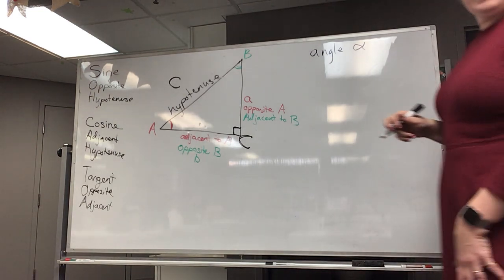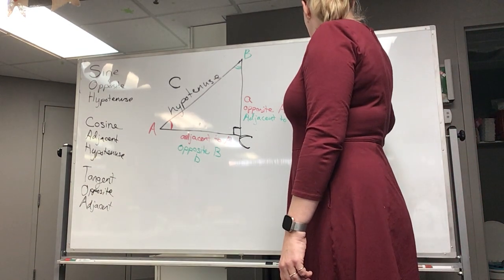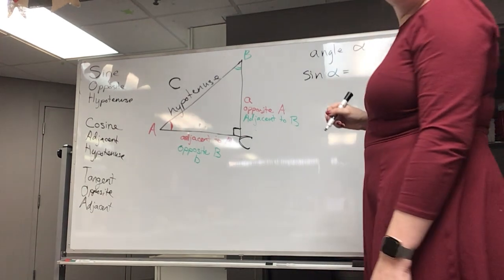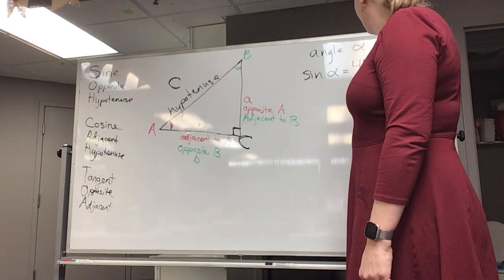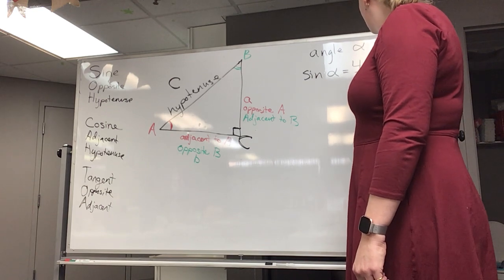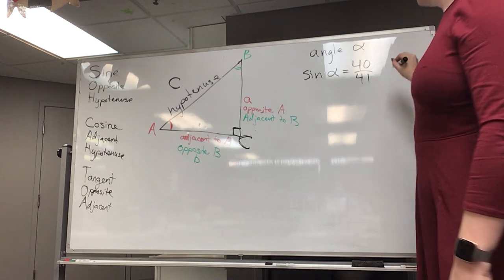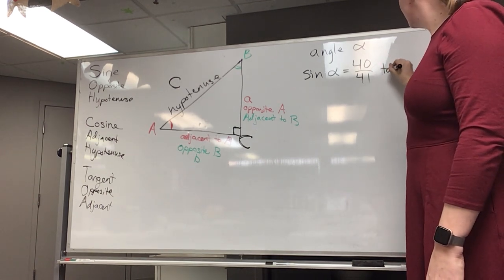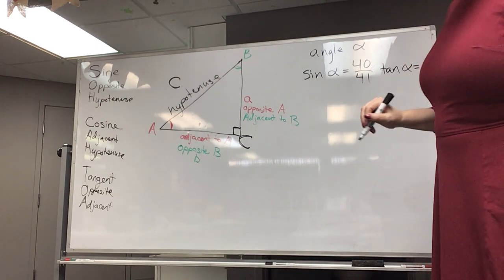But they tell us the sine of this angle equals 40 over 41, and the tangent of alpha is equal to 40 over 9.